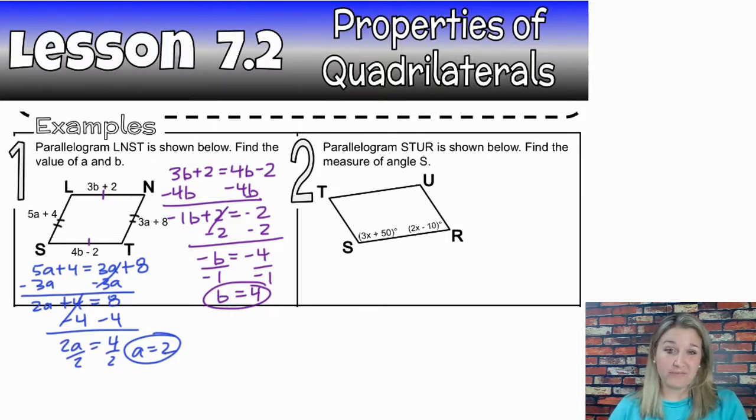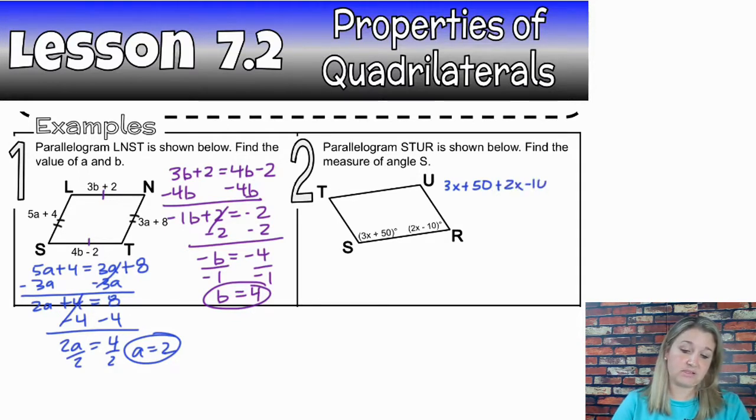Those angles at the bottom of the parallelogram are going to be supplementary, because remember, when we have parallel lines, like these two, cut by a transversal, this angle and this angle are going to end up being supplementary. So I'm just going to have 3x plus 50 plus 2x minus 10 is equal to 180.